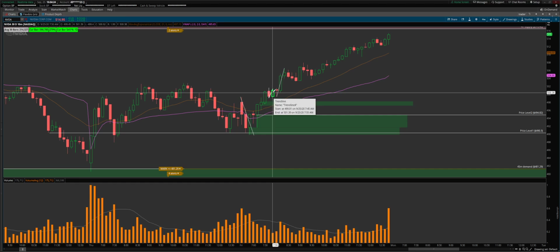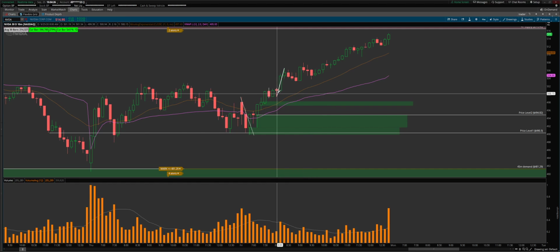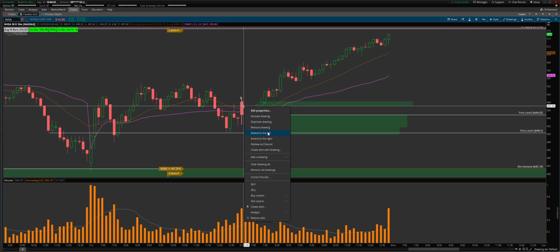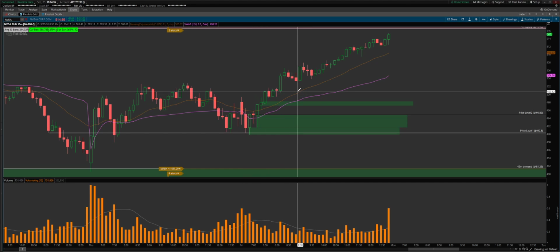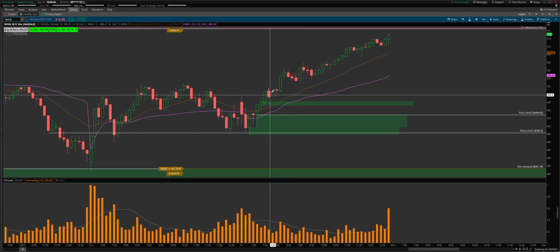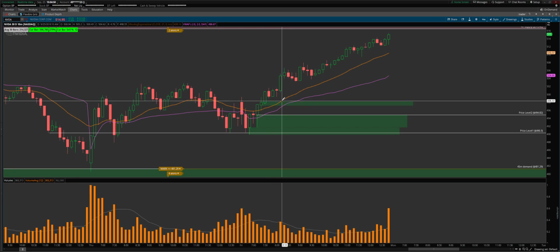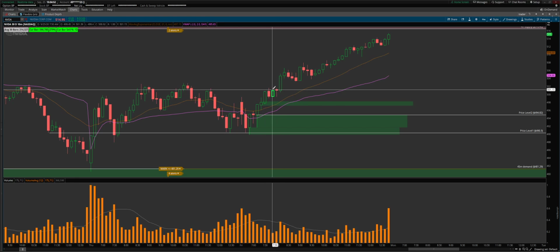Not the cleanest basing candle, but this is another thing too. You have to look at what price action is telling you. Even though this isn't the cleanest red basing candle in a rally base rally, price action is still respecting it, although the pattern is poor.